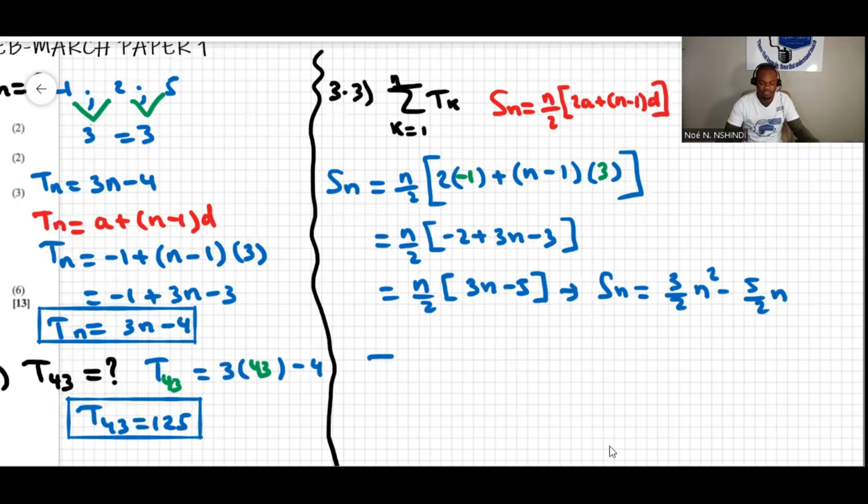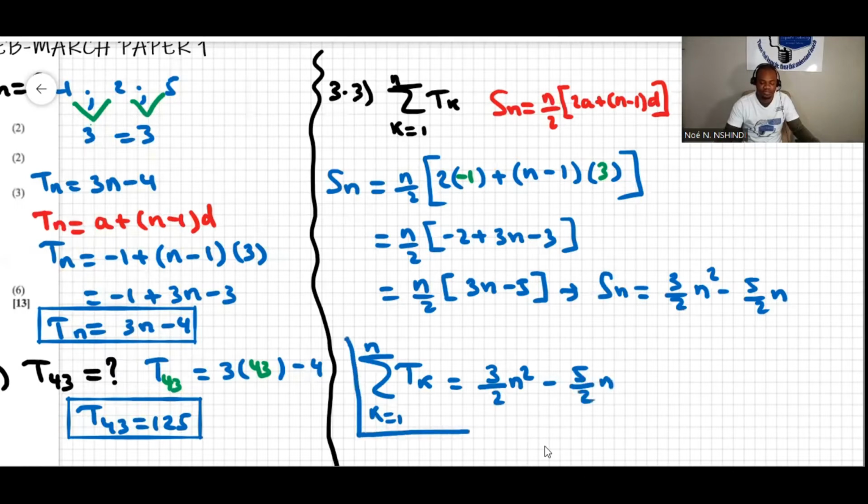But I prefer to write the sigma notation: the sum of Tk, with k starting from 1 to n, will be equal to 3/2 n squared minus 5/2 n. That's the sum in the sigma notation.